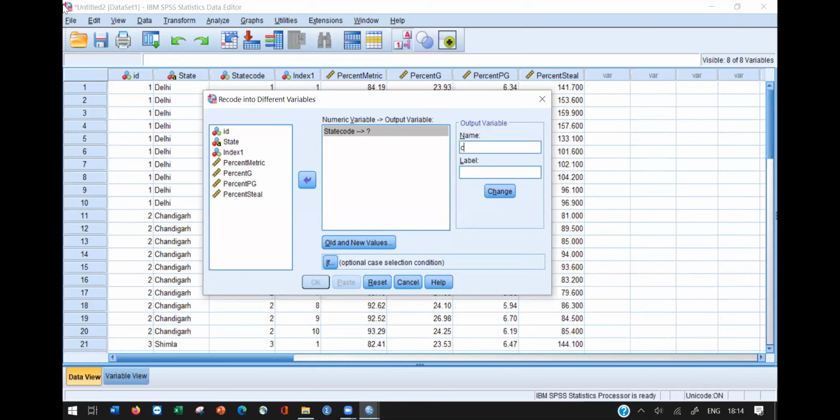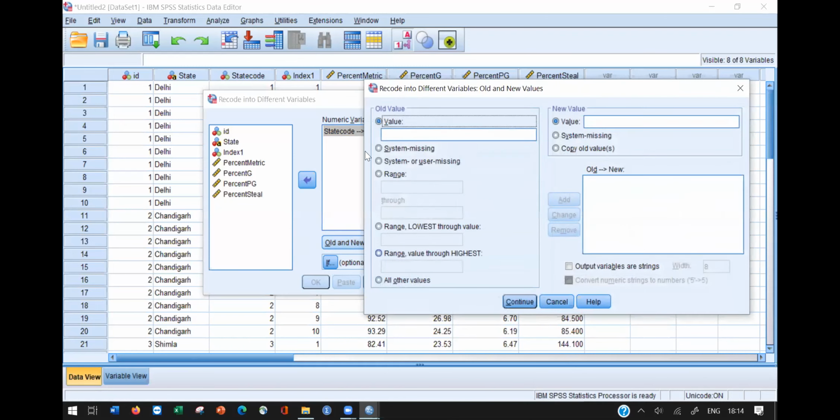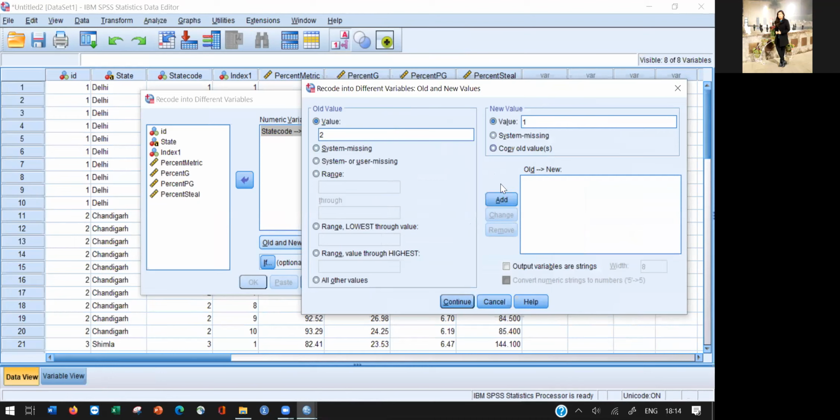So I'll write here Chandigarh, change, and old and new values. So my old value of Chandigarh is 2, which I would like to associate with 1 and add. Then all the other values would be changed to 0.